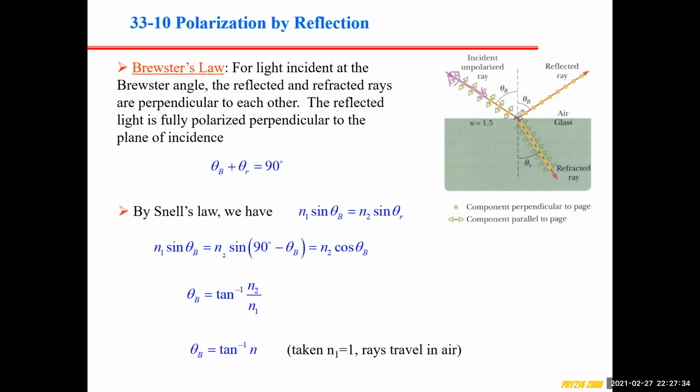What we found is that initially unpolarized light, when the angle of incidence is at a certain angle, then that reflected ray is actually polarized, meaning that the intensity will be cut by half. So this will happen, let's say, on a sunny day when you go fishing, at a certain angle of incidence.